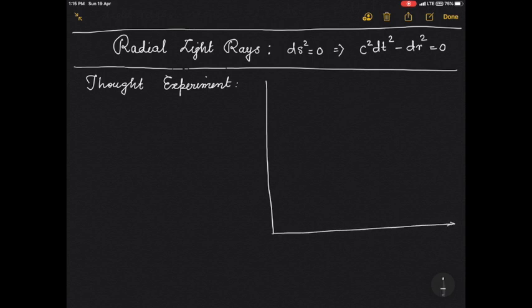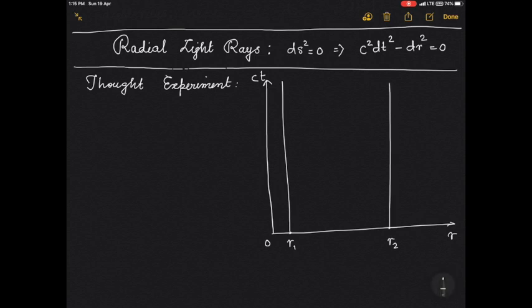To do that, I draw this space-time diagram with, as always, the x-axis as r and the y-axis as ct. And I have two stationary observers here. I have one observer at r equals r1, the other observer at r equals r2. And as we have discussed, their world lines will look like this. So this is the world line of the two stationary observers.